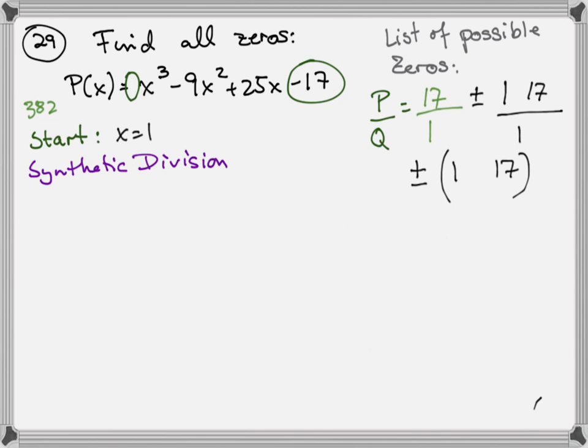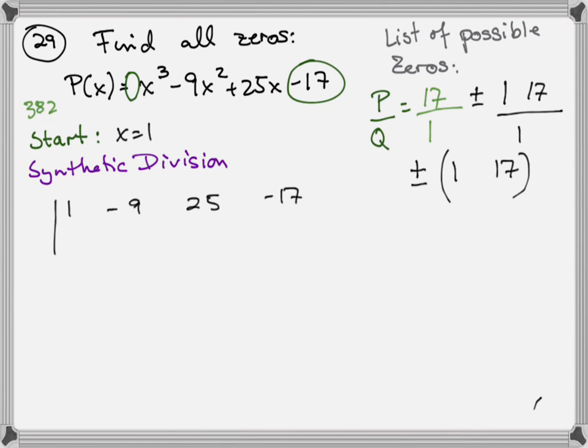Tell me if 1 is a 0. And the only way we can do this is through synthetic division. 1, negative 9, 25, and negative 17. I'm going to divide by 1.